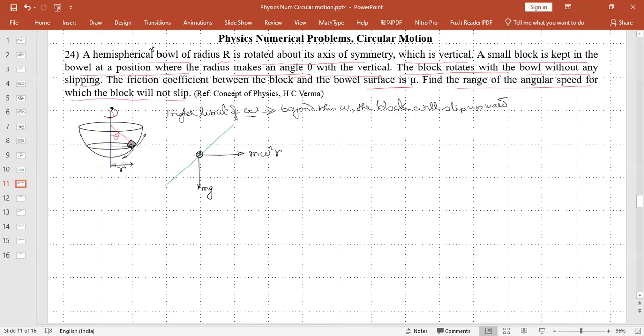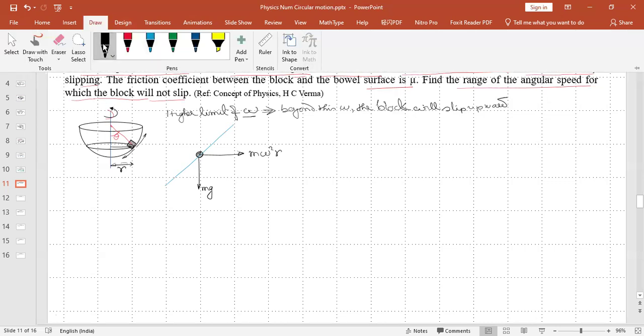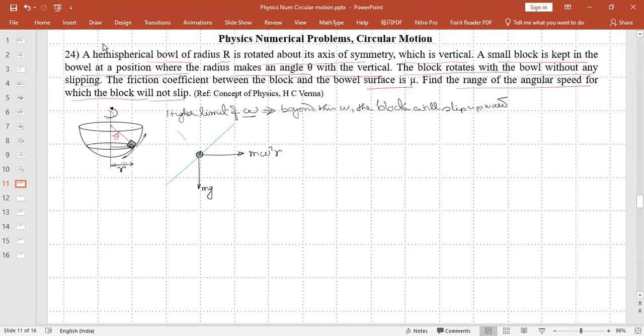There is a slope along the bowl like this, and if we draw a perpendicular to this, the component is mg cos theta, because the block makes an angle theta with the vertical.